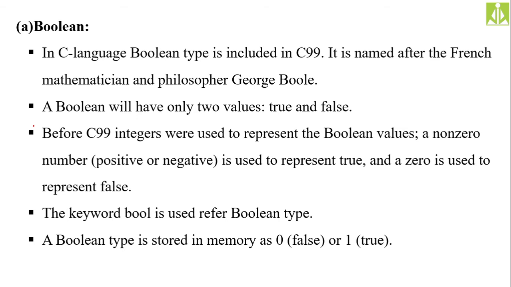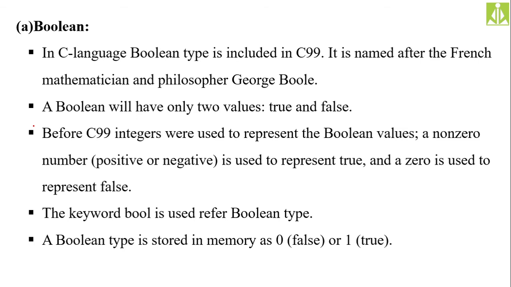The entire computer is dependent on these Boolean values, and it was Georges Boole, who belongs to France, who gave these Boolean values to the world, and these types were named after him. So that's why the name Boolean.